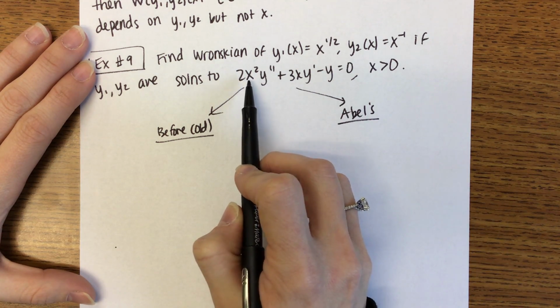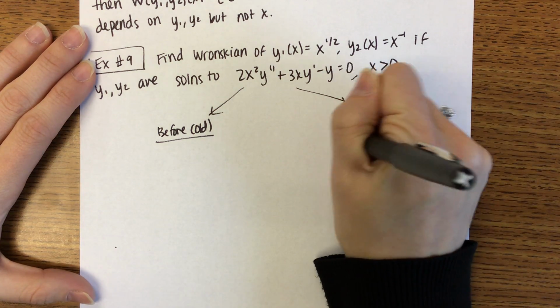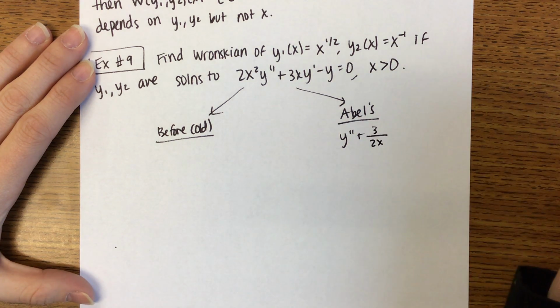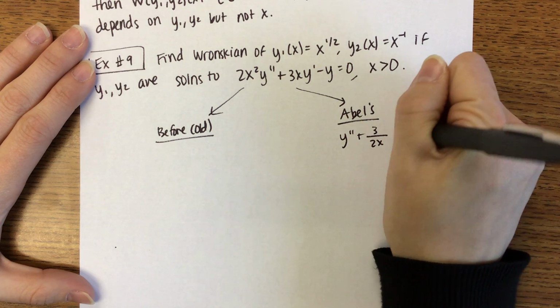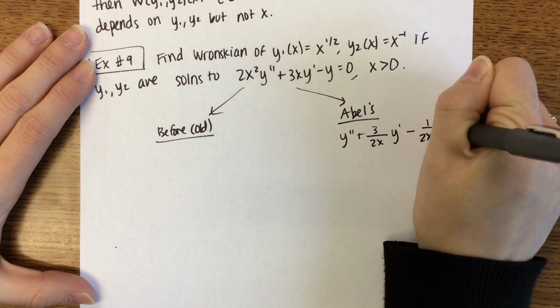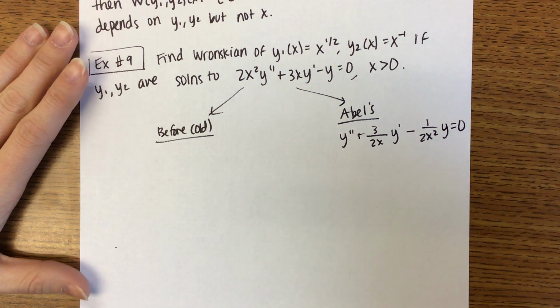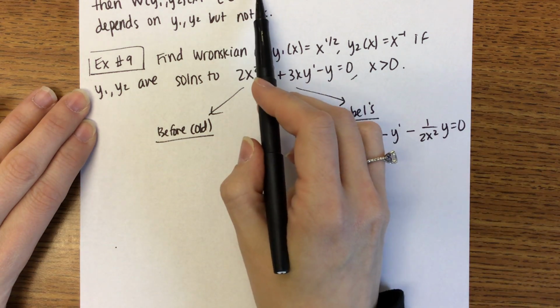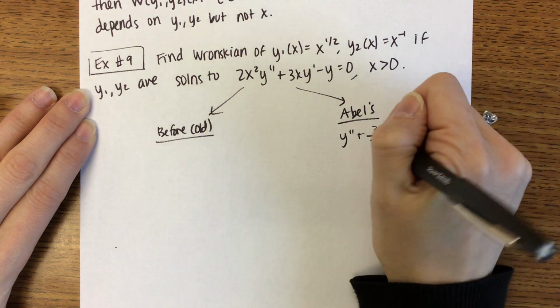So let's get a lead coefficient of 1. When we do, we get y double prime plus 3 divided by the entire quantity 2x y prime minus 1 over 2x squared y equals 0. All we care about is p of x, that's what's in front of the first derivative.